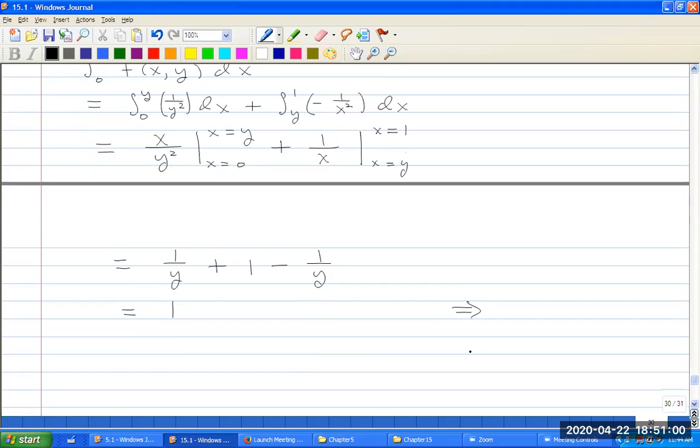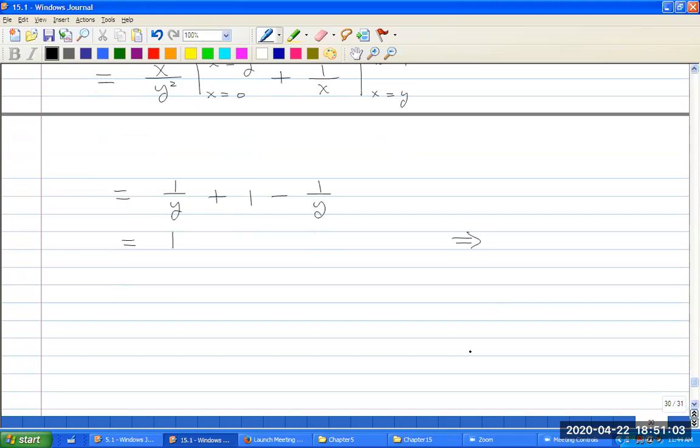So I have the integral from 0 to 1 of f of x, y, dx, dy is equal to the integral from 0 to 1. Well, we already integrated the one of f of x, y, dx.